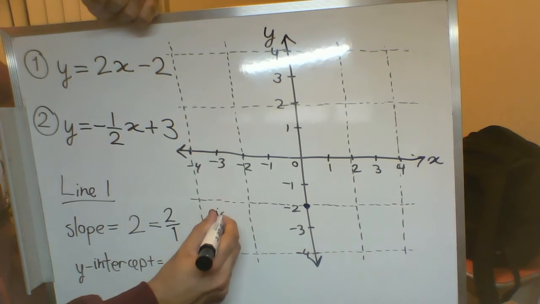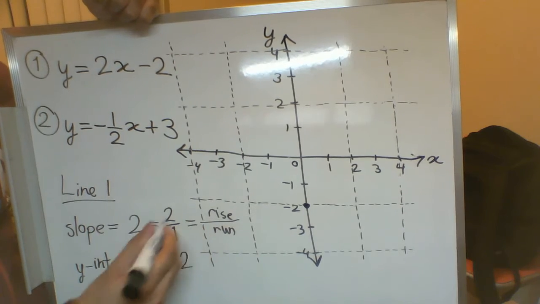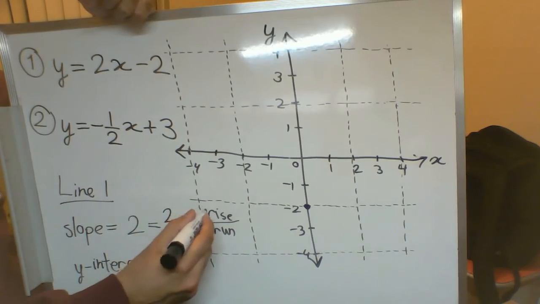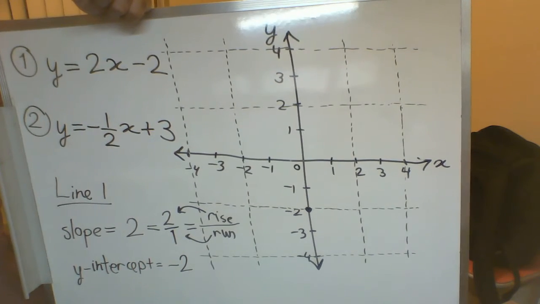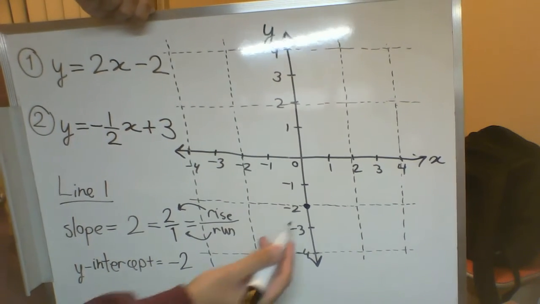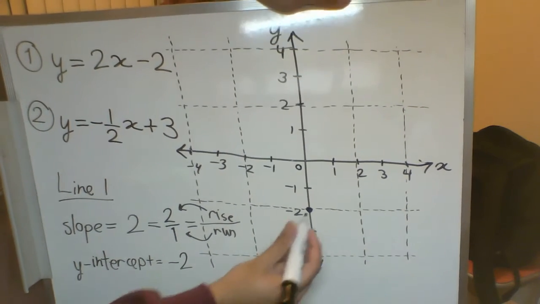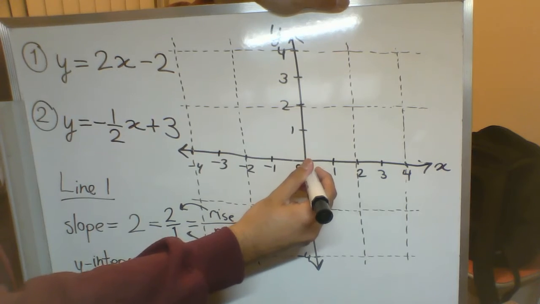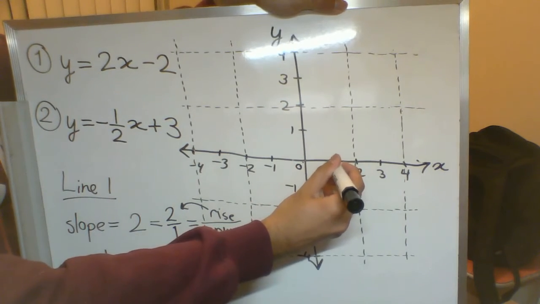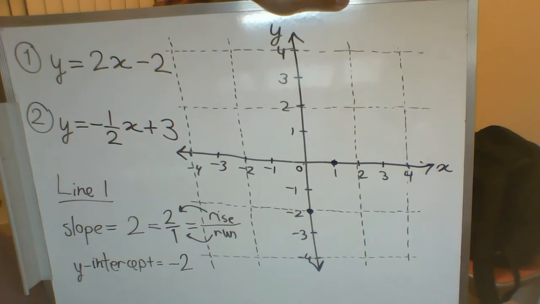Rise over run is equal to 2 over 1. That's telling us that the rise must be 2 and the run must be 1. So if we go from our starting point and follow a rise of 2 and a run of 1, we go up 1, 2, that's our rise, and then over 1, and that'll put us right there. And that's our first point.